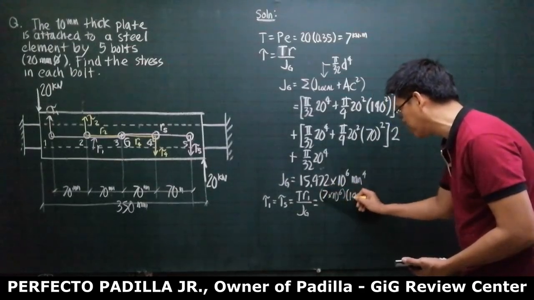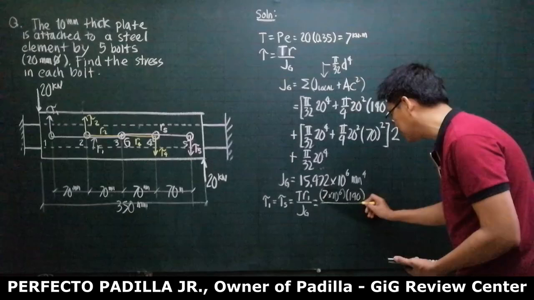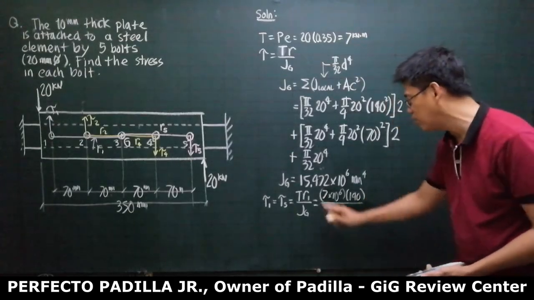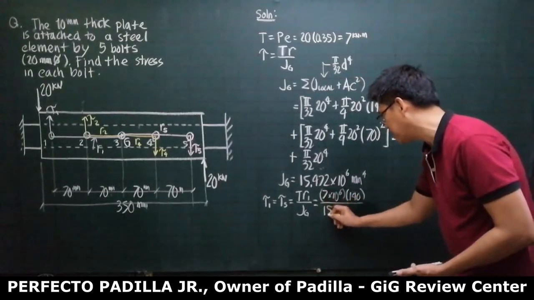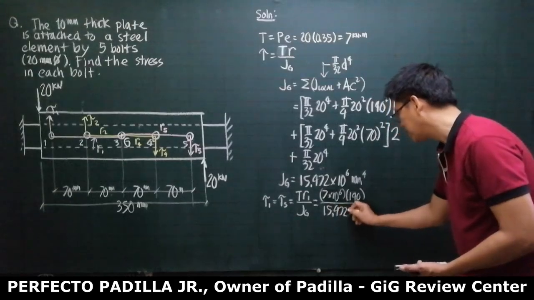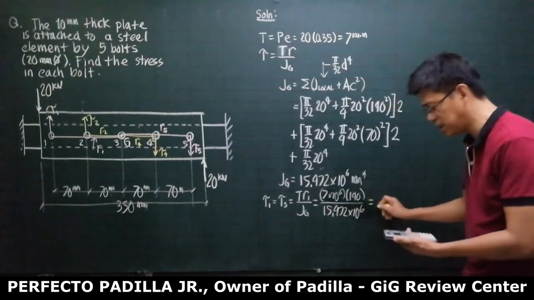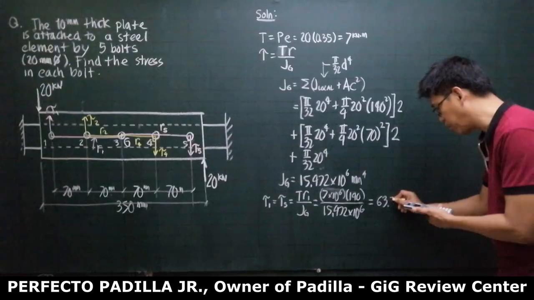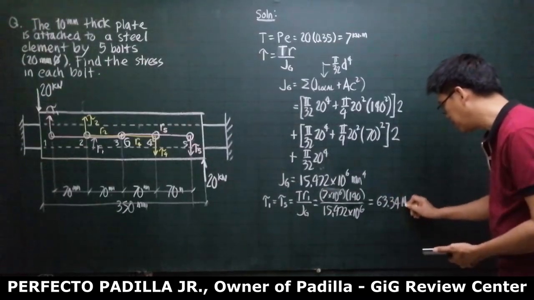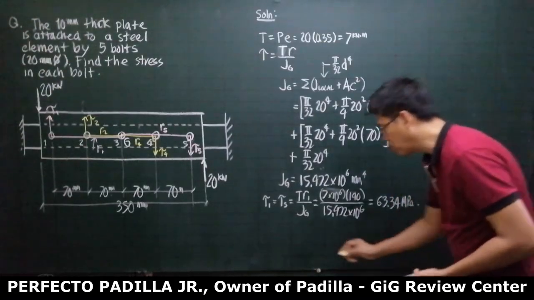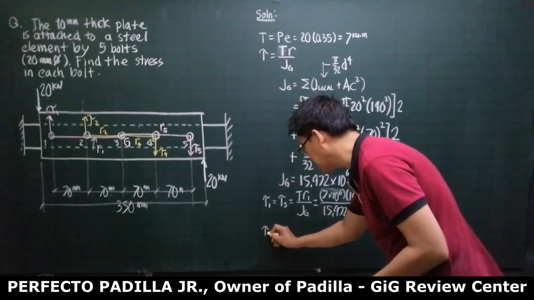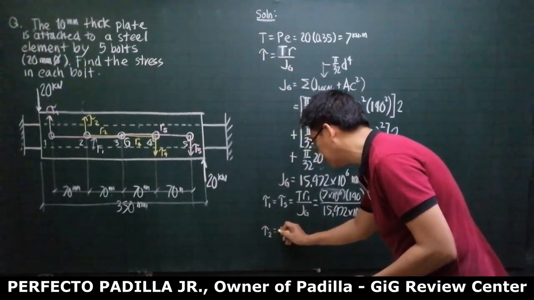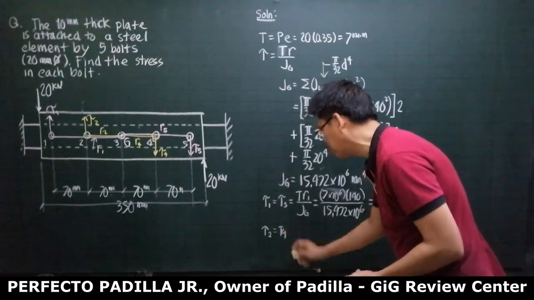R1 is 140 over J global. The J global is 15.472 times 10 to the 6. So this is 63.34 MPa.